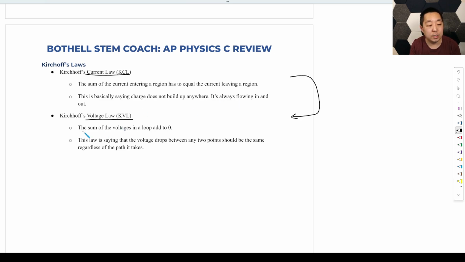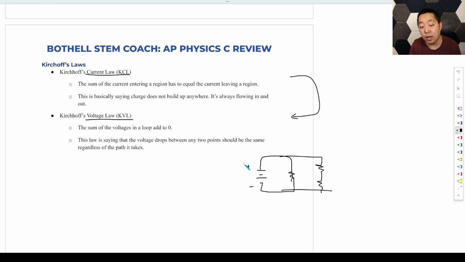The voltage law is the sum of the voltages in a loop has to add to zero. It's basically the voltage drops between any two points have to be the same regardless. The way you want to think about that is you're always going to have a positive and a negative. We'll go through several examples of this, but basically through these drops, these loops, the voltage just needs to add to zero.